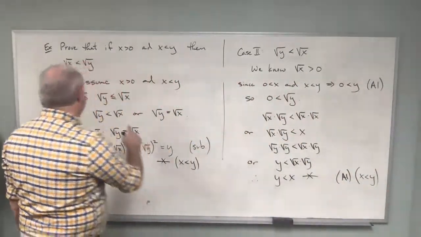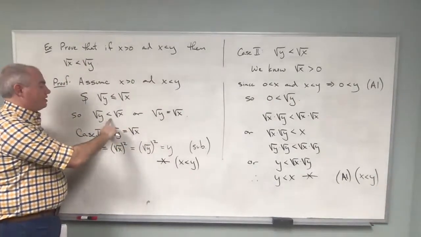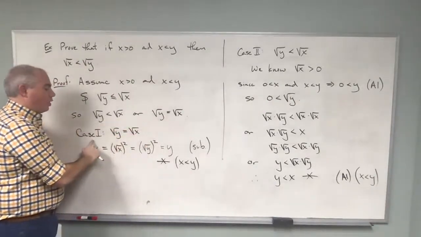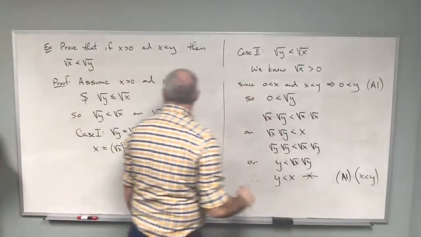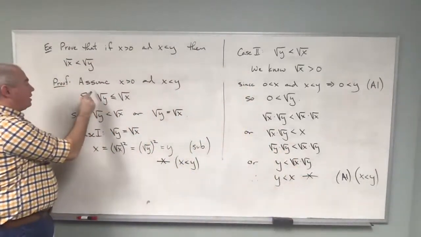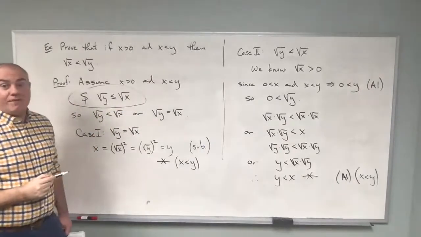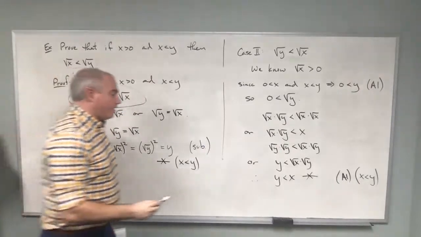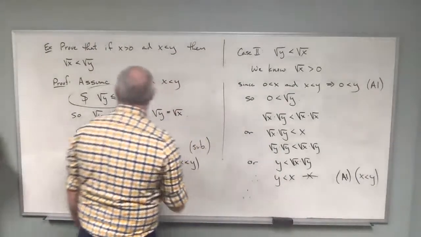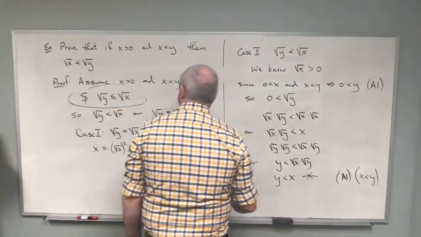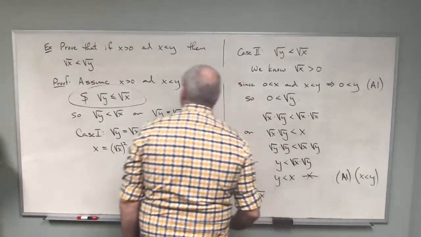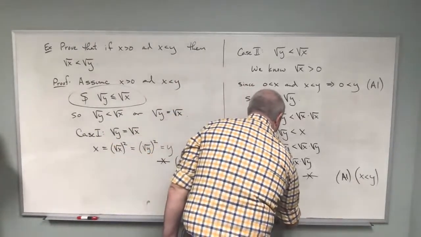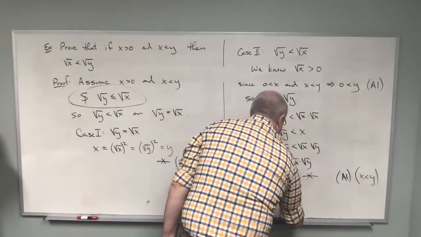Okay, so there were two cases, this one or this one. Case one led to a contradiction. Case two led to a contradiction. So what I supposed right here, that must be false. So I can write, therefore, since that thing must be false, I have that the square root of x must be less than the square root of y.